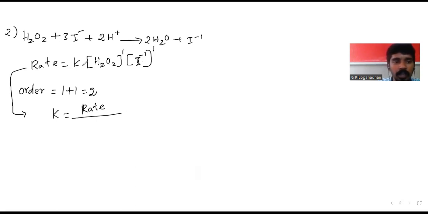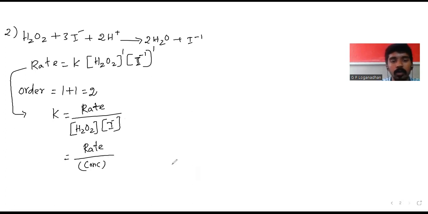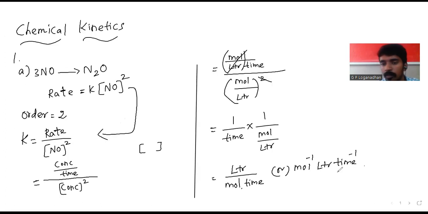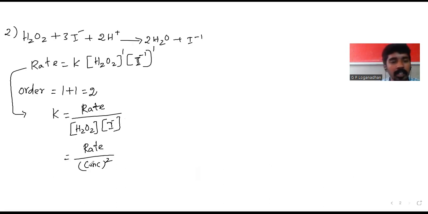So K equals rate divided by concentration to the power 2. You see the previous one; in the previous one also we have the same thing. Rate divided by concentration to the power 2.